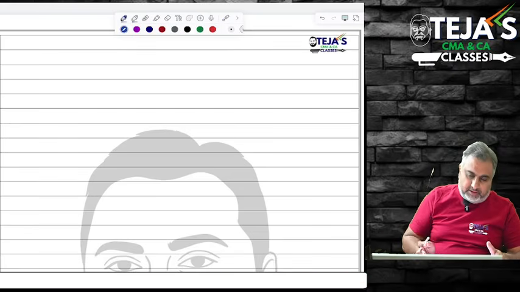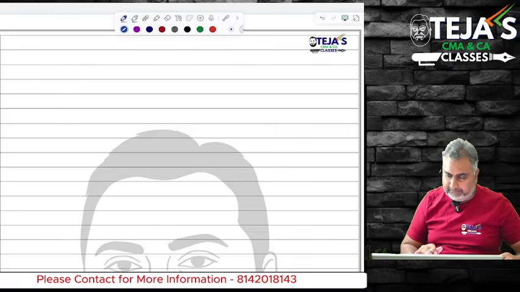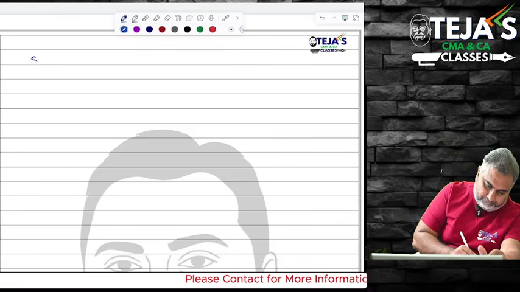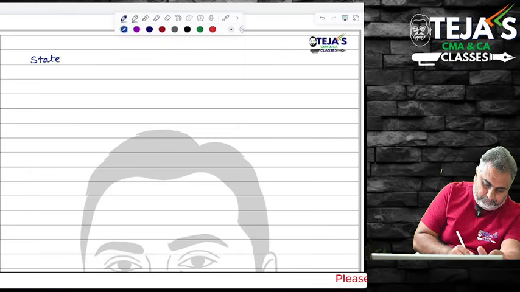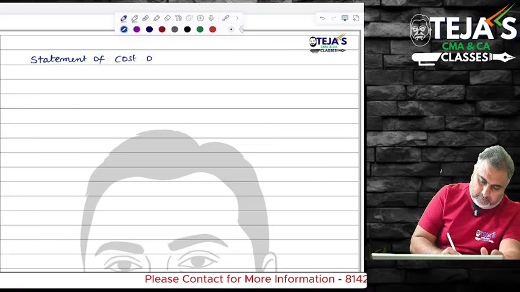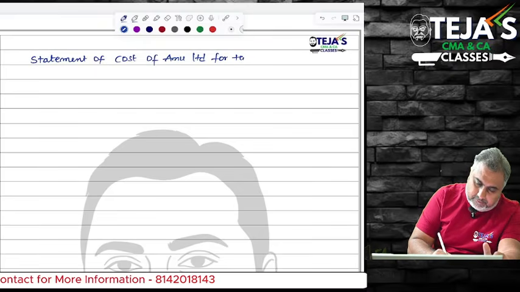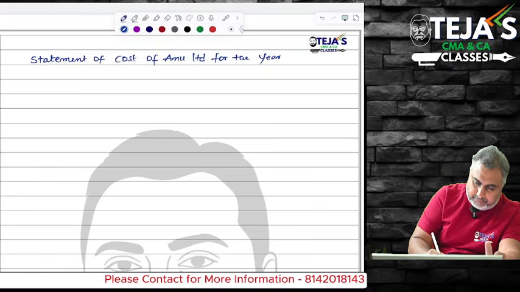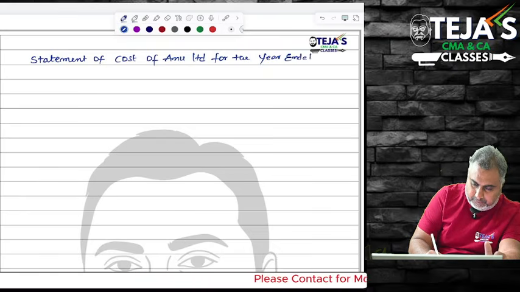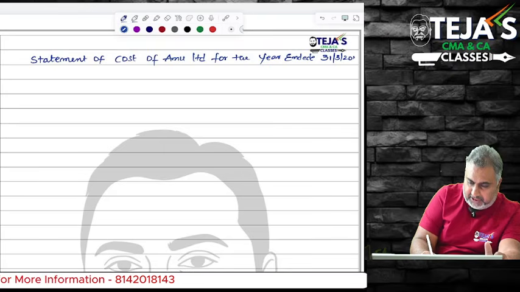Put the heading. Everyone start with the statement. Statement of cost of Anu Limited for the year ending 31st December 2024.